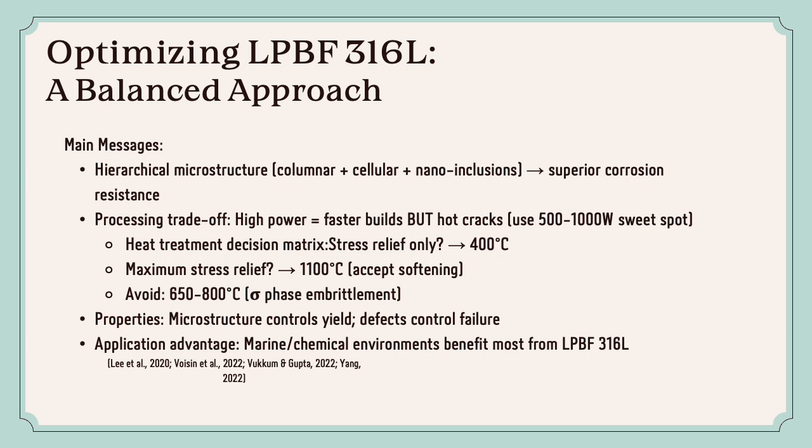If maximum stress relief is required, solution annealing at about 1100 degrees Celsius can be used, although some strength is sacrificed. Overall, yield strength is mainly controlled by microstructure, while failure is often controlled by defects. As a result, LPBF 316L is particularly attractive for marine and chemical applications where corrosion resistance and long-term durability are critical.